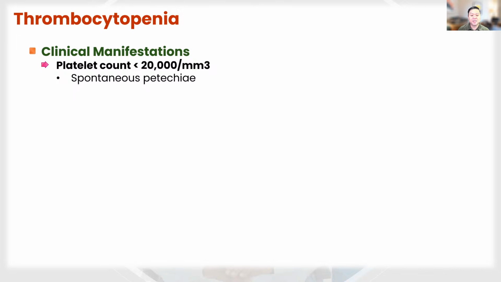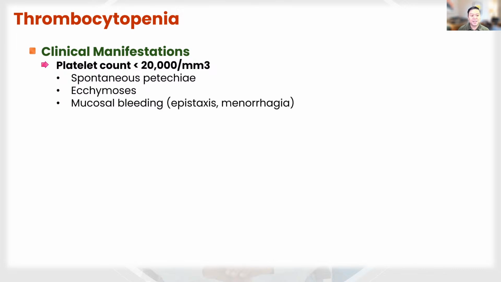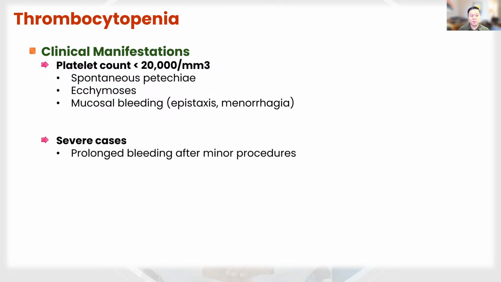There's gonna be ecchymosis or bruising. There's probably gonna be nose bleeding, heavy bleeding during menses, that's menorrhagia. And in severe cases, guys, thrombocytopenia can be manifested by even prolonged bleeding after minor procedures, or they can probably bleed into the organs.